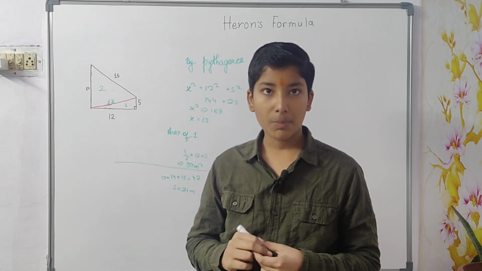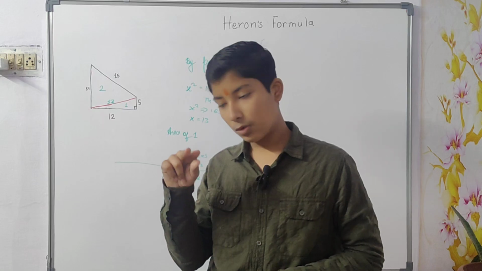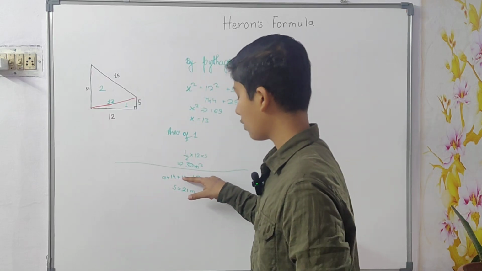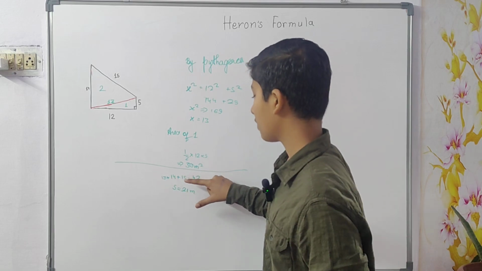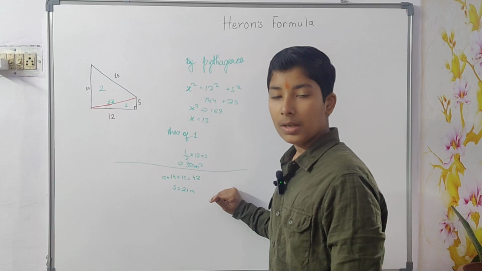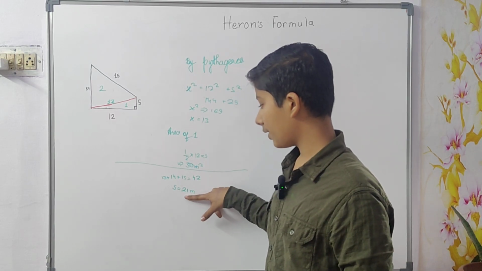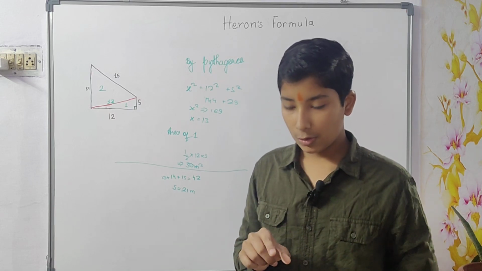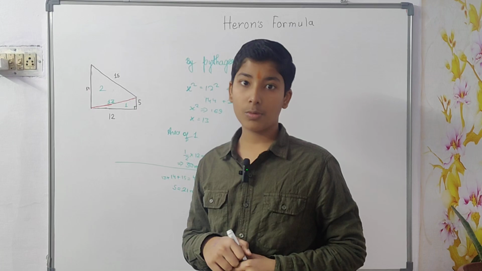You know S is the semi-perimeter, which is A plus B plus C divided by 2. To find S, we divide 42 by 2, which is 21.